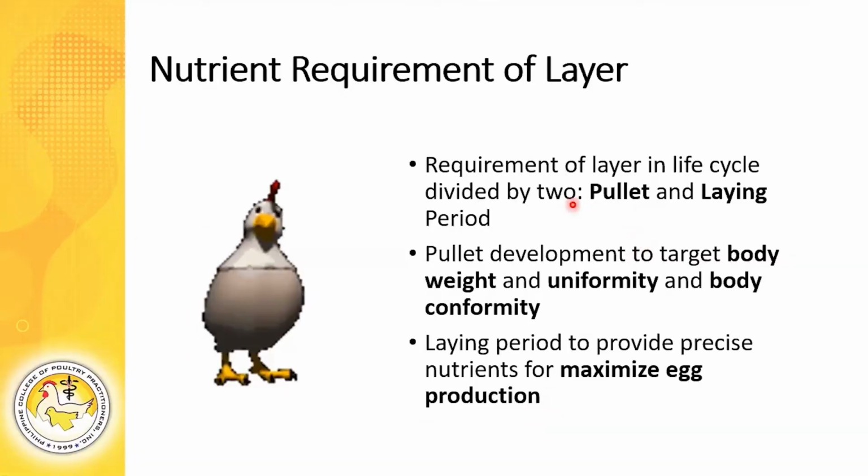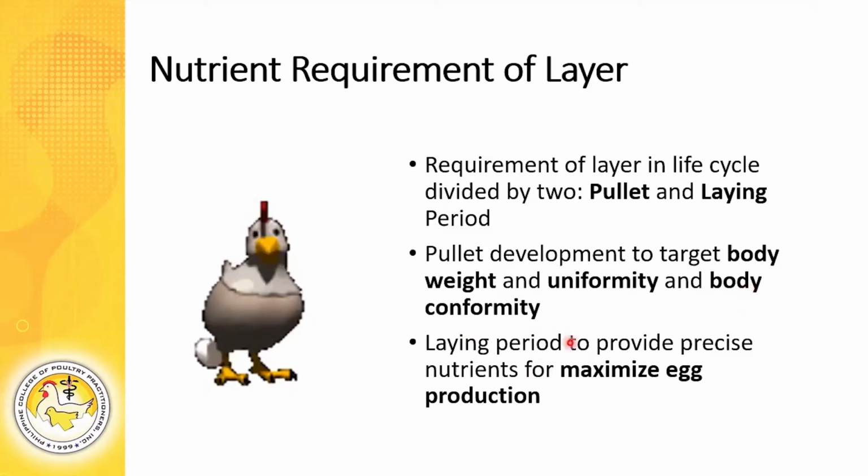One is feeding the pullet, and the second is feeding during the laying period. For the pullet, the target performance is body weight and uniformity. Not only body uniformity, but also body conformity, which means, for example, that frame size becomes critical, and the leg size becomes longer to produce better, bigger quality eggs.